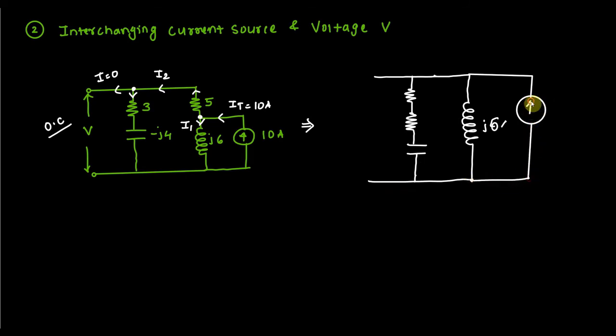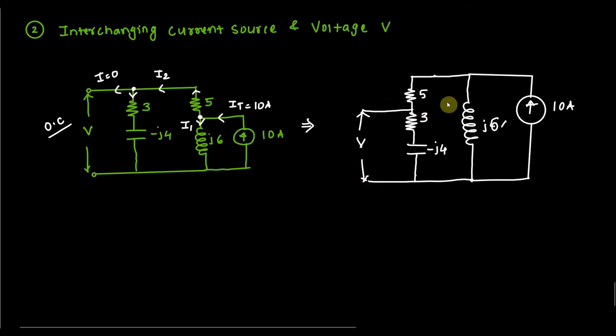The value of that current source is 10 ampere. This is 5, this is 3, this is J4. The voltage is V across 3 minus J4. And I have marked the current there: here the current is I2 and here the current is I1.